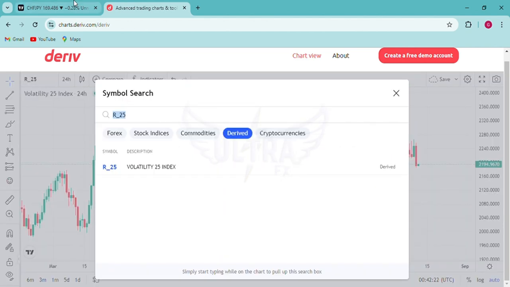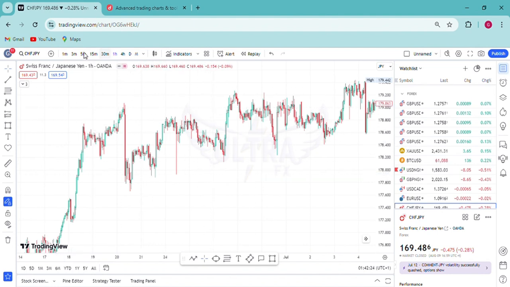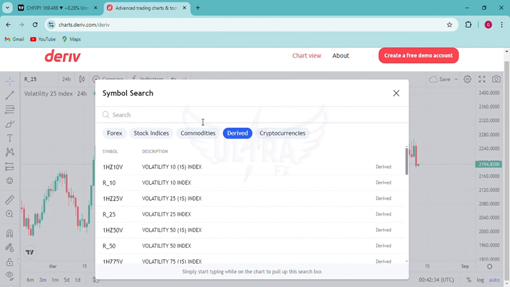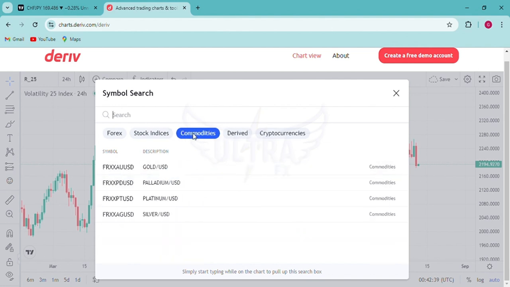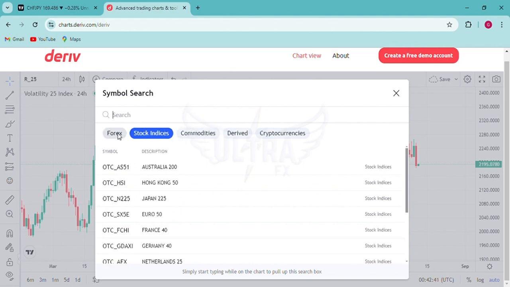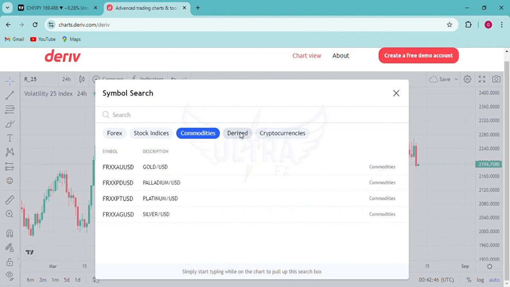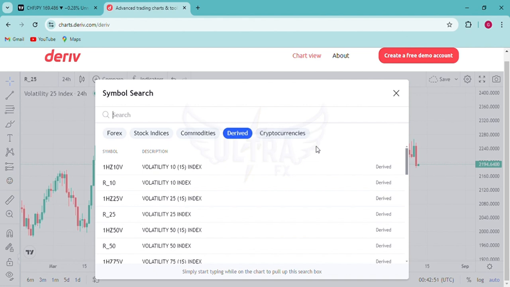Unlike the currency pairs from TradingView, where you just click on your letters on your keyboard, but this, you have to come to this place and click here. You search for your volatility index that you want to trade with, or you go to your commodities. This derivative offers forex, stock indices, commodities, derived instruments, cryptocurrencies, and all of that.